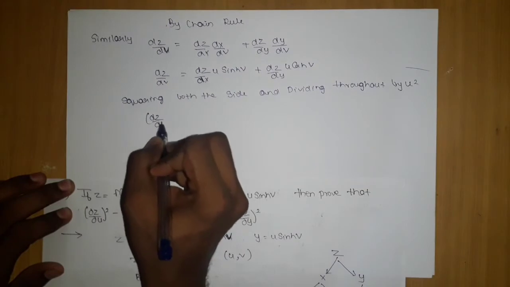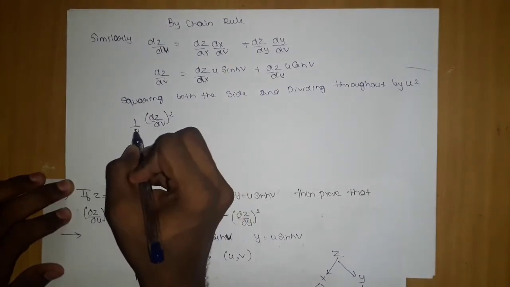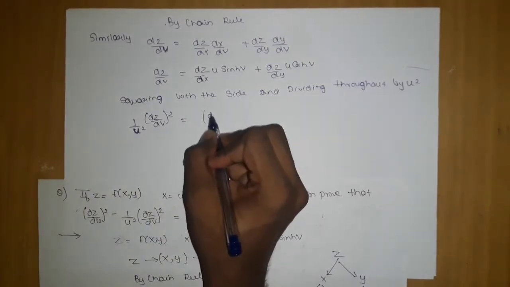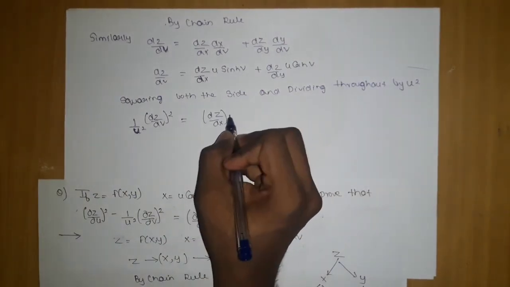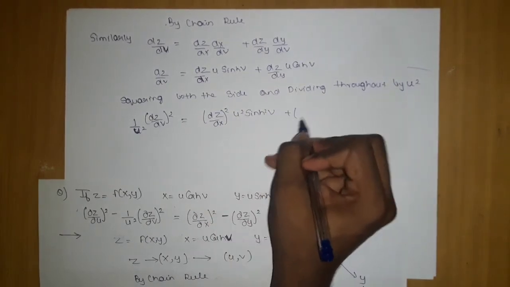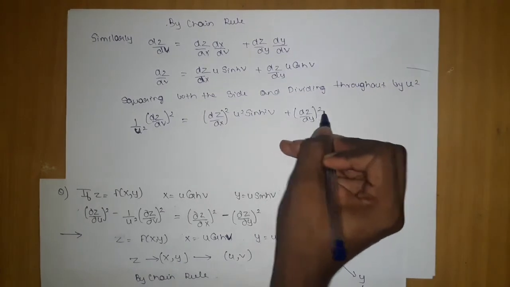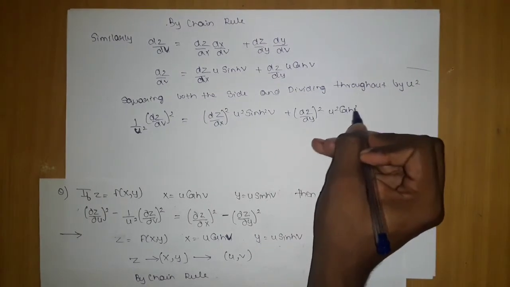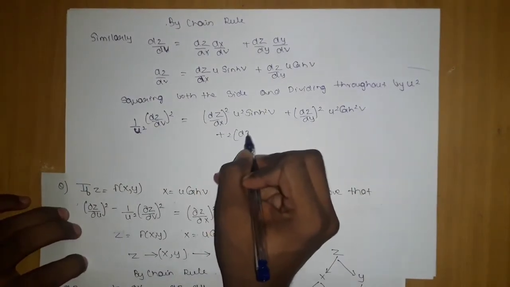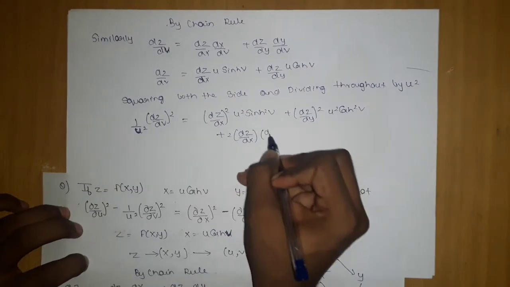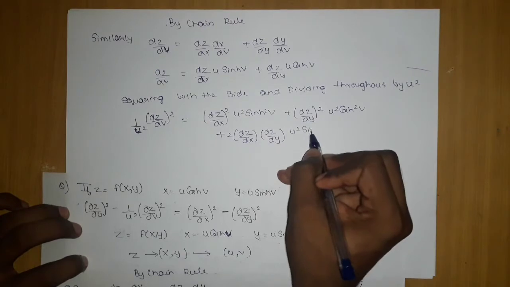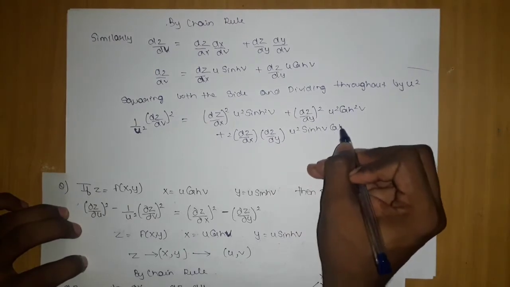Dou z by dou v, the whole square, 1 by u square, which will be nothing but dou z by dou x, the whole square, u square sin h square v, plus dou z by dou y, the whole square, u square cos h square v, and here we are left with 2 into dou z by dou x into dou z by dou y, into u square sin hv into cos hv.